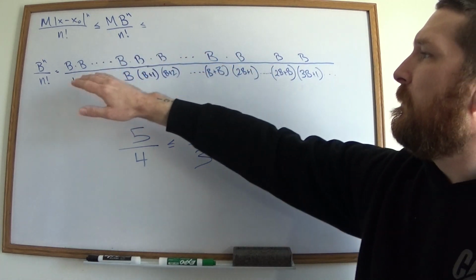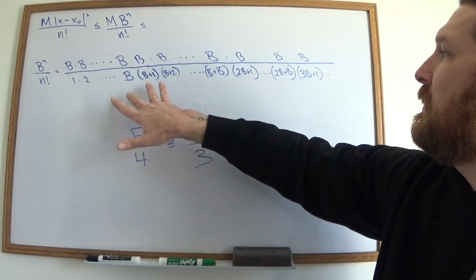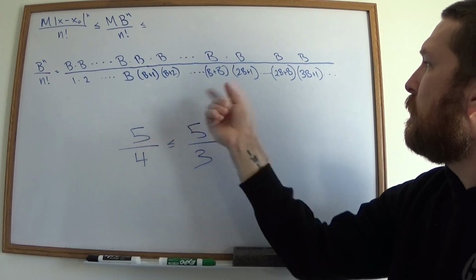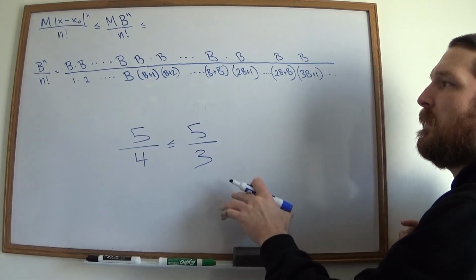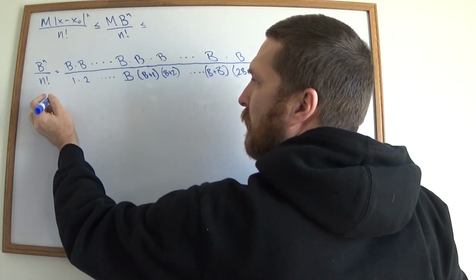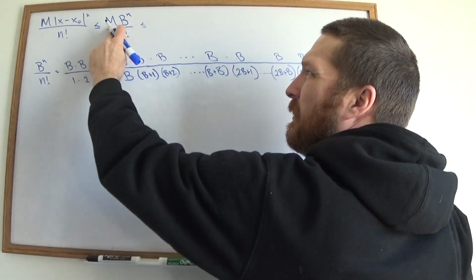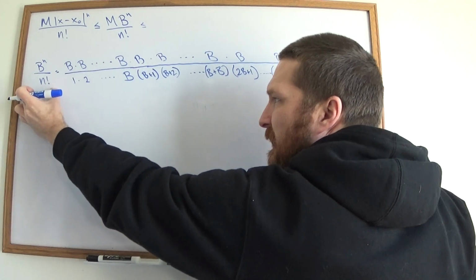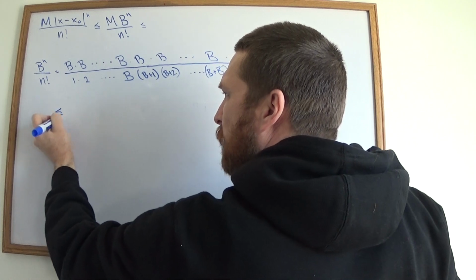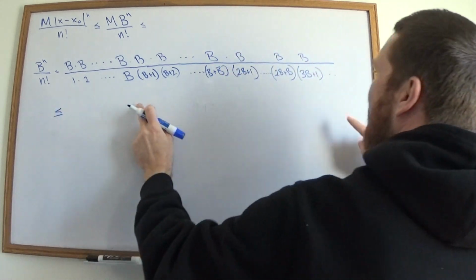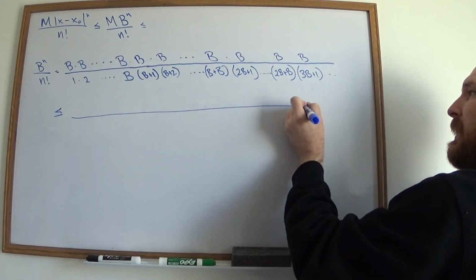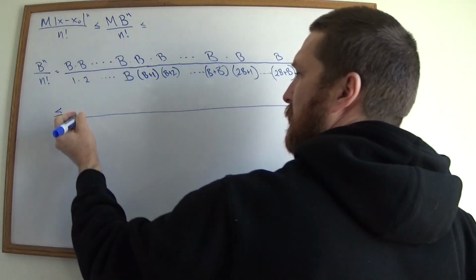I'm going to say this thing right here, if I make the denominator smaller, then I end up with a fraction that is bigger. So I'm going to go ahead and do that right now. Remember, we don't care about the m yet. We're just trying to get a handle on this. This is smaller than what I'd get if I had made the denominator smaller.